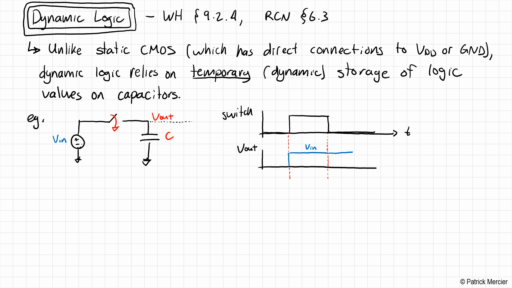There's going to be some degree of parasitic resistance through subthreshold conduction, gate leakage, and so on. Let's call this R leak. Okay, that should be in red, R leak. What ends up happening if we extend this timing diagram out to a long time is eventually this will slowly start to decay until it reaches 0 in this scenario.